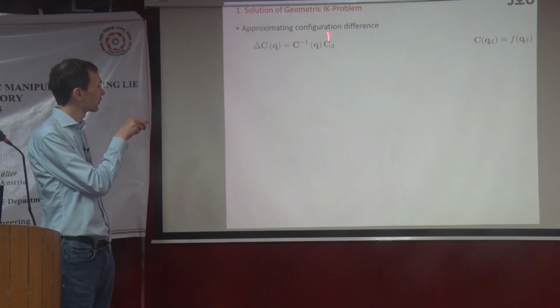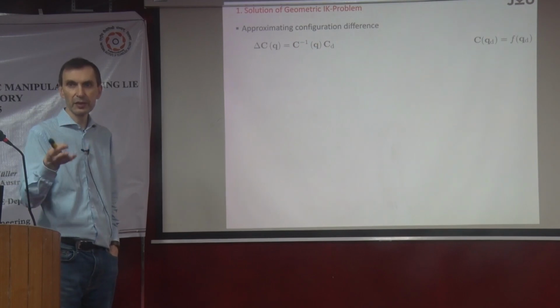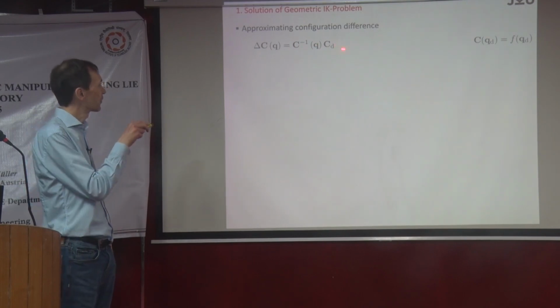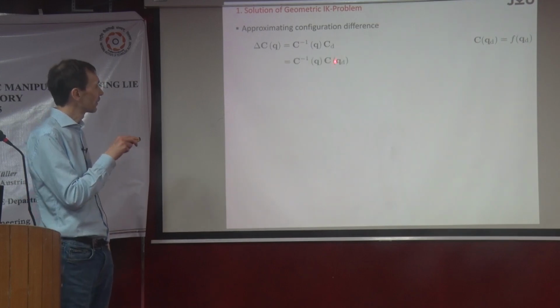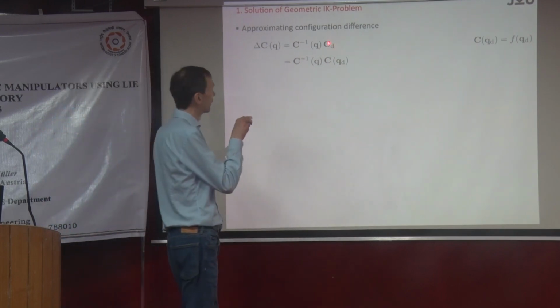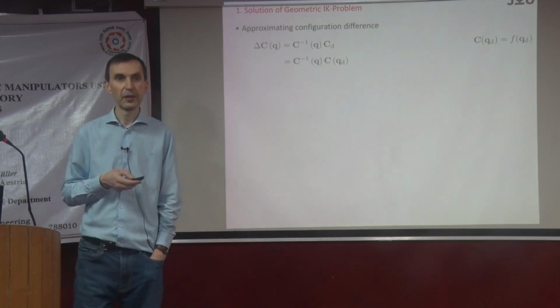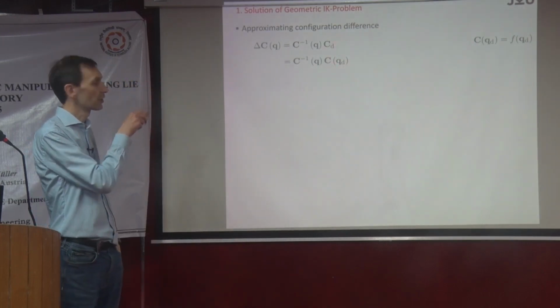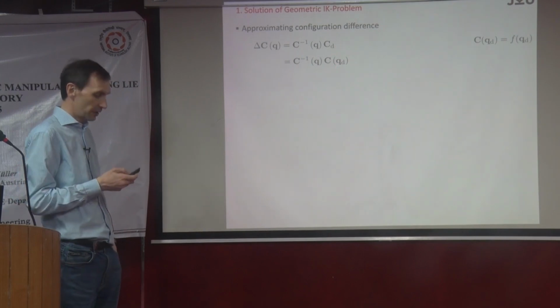C of Q is my current configuration according to where I start, like some joint angles, and CD is given. What I would like to achieve is that I can express this desired pose by a certain yet unknown QD. So I say, there is a QD so that it gives me CD, but I don't know it. But anyway, this is correct.